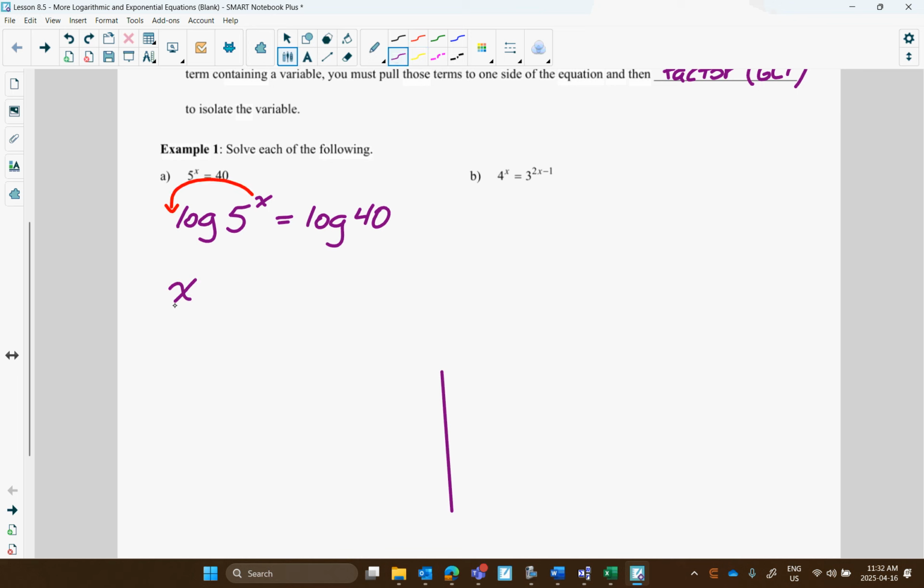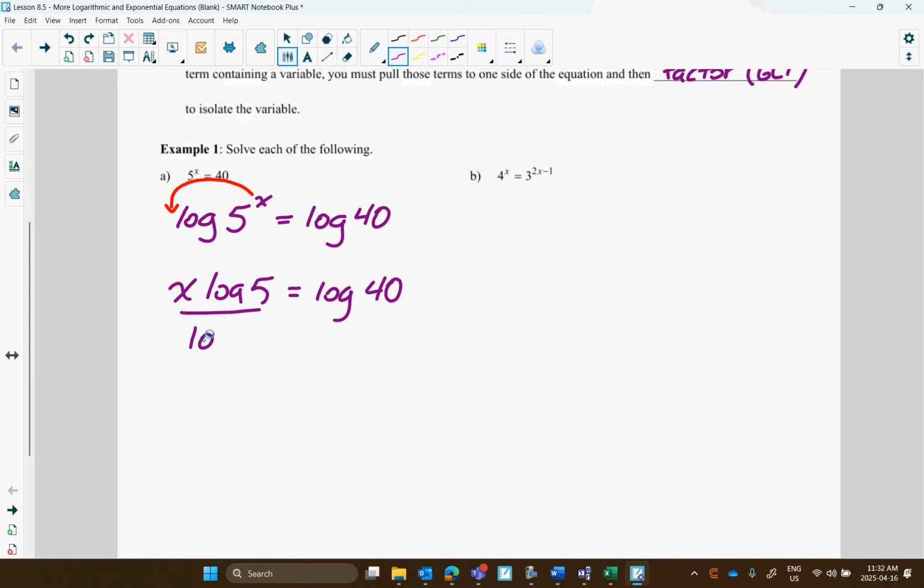So remember, log base 10 of 5 to the x is the same as x times log base 10 of 5. And there's a reason I did that: now I can isolate the variable. Remember, this is x times log 5. How do I get x by itself? Divide by log 5.